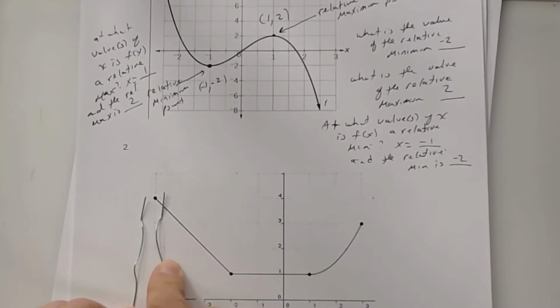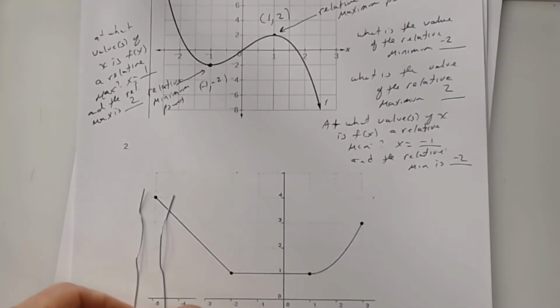So that point right here would be considered a relative what? Max. In fact, this would be an absolute because that's the highest point you see. Absolute meaning the highest or the lowest. But it's a relative. Then are any of these points relative mins? No.